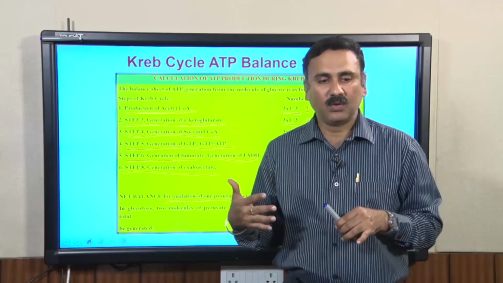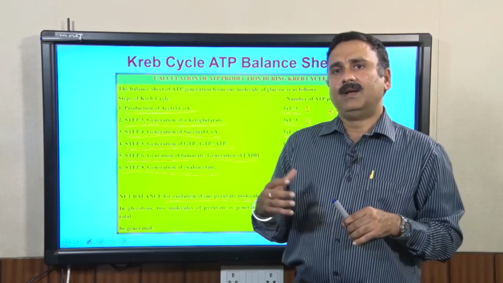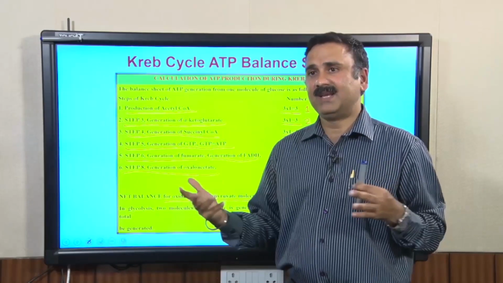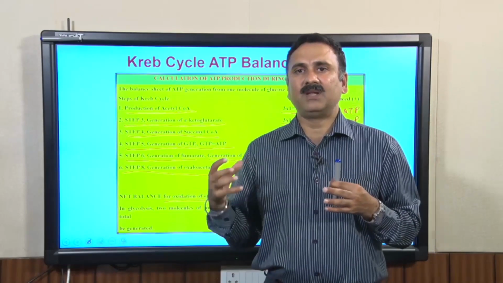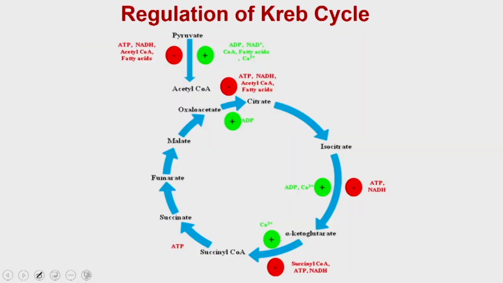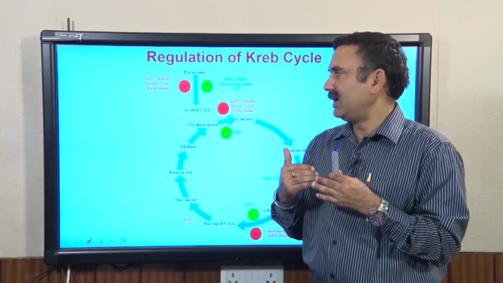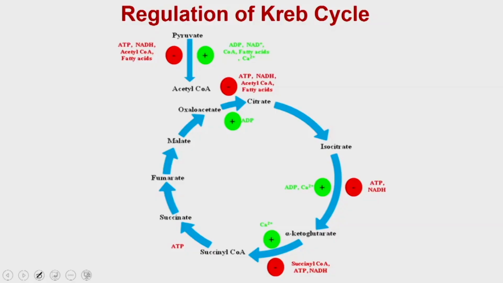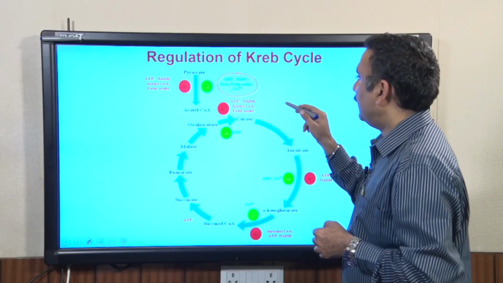Similar to glycolysis, the Krebs cycle is also under tight control. It is regulated at many steps, by many enzymes and by different types of mechanisms. Let us see what these mechanisms are. The Krebs cycle is mostly regulated by feedback mechanisms, where substrates, for example, in the first reaction converting the pyruvate to acetyl CoA, the pyruvate, ADP, NAD plus, coenzyme A, fatty acid and calcium are going to increase these activities.